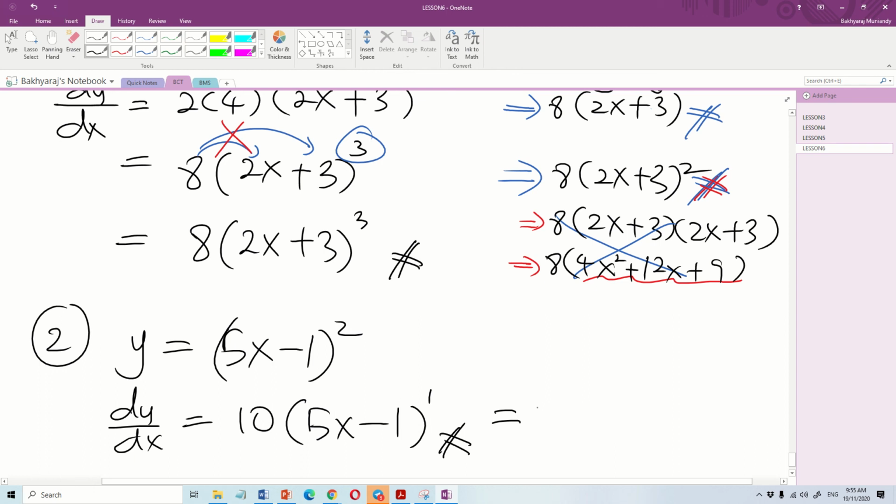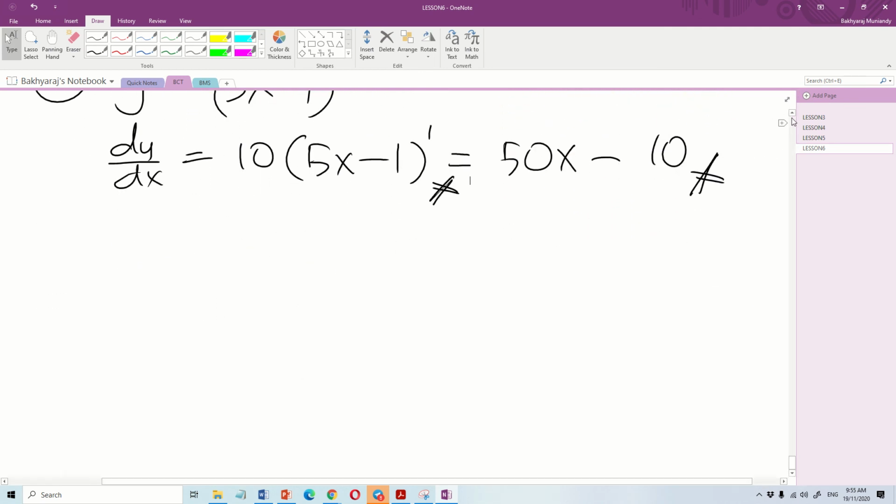Atau kalau you expand macam ni pun saya terima. Okay, kalau you dapat 50x tolak 10, ini pun saya terima. Dua-dua jawapan ni is acceptable answer. Okay, kalau kita letak factor form also acceptable, correct. Okay, next.